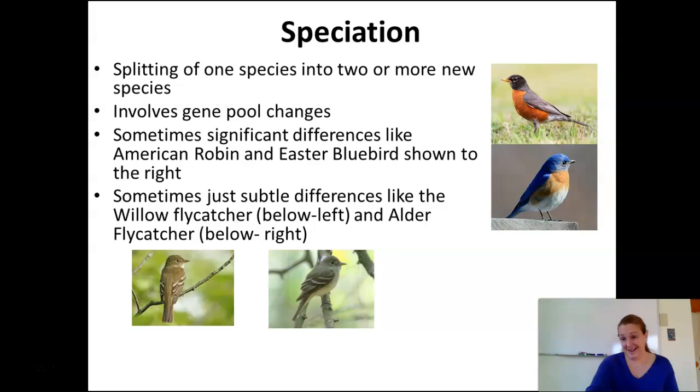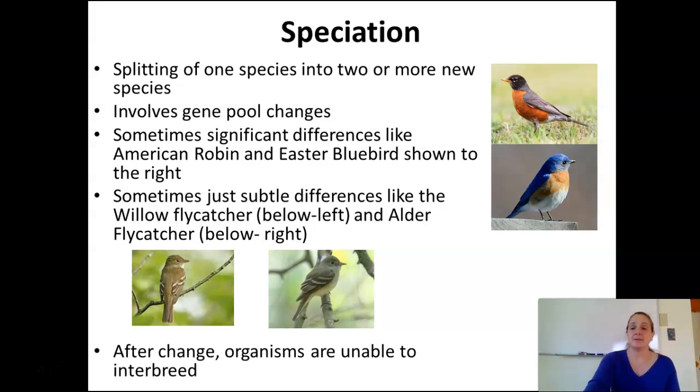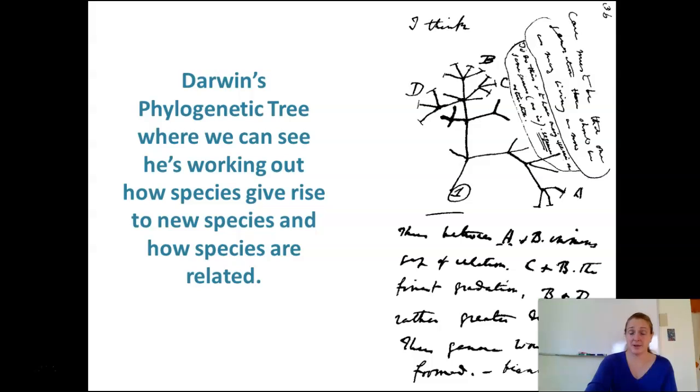You really can't until they get onto their breeding ground, and then they make different songs, and that's the only way that you're going to be able to tell these two species apart. So speciation can definitely be very confusing. We hope it's always really dramatic, like the robin and the bluebird, but sometimes it's incredibly subtle, and that can make it harder to see changes in a line of descent happening.